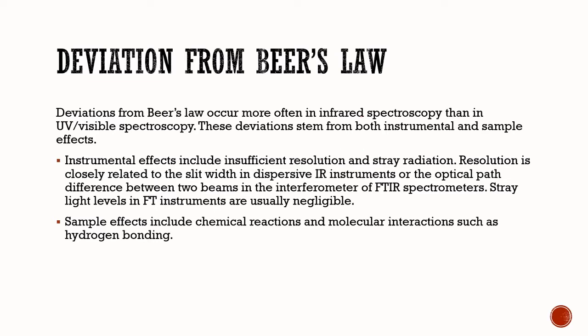Instrumental deviation is due to stray radiation and insufficient resolution, and chemical deviation is due to molecular interactions, such as hydrogen bonding, and molecular association or dissociation.